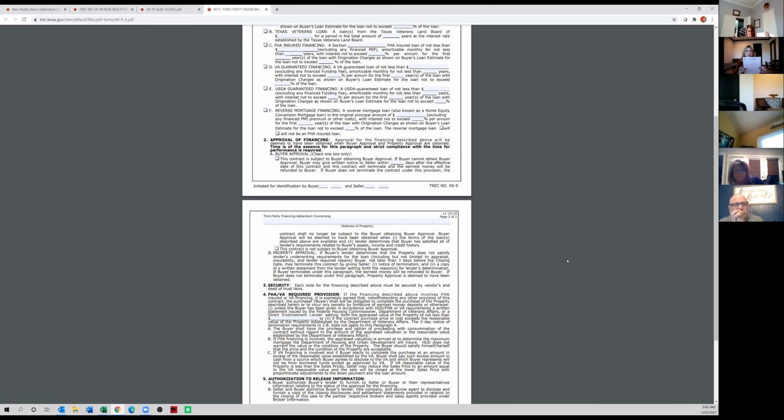They would need to use this form because paragraph B doesn't give them enough power to terminate if the appraisal is low. This gives power to terminate for the buyer who is putting down 5% or 3%, which so many of our consumers are. They don't have the money to put more down above and beyond appraisal and still get qualified. And so that's where that 2B works in there.